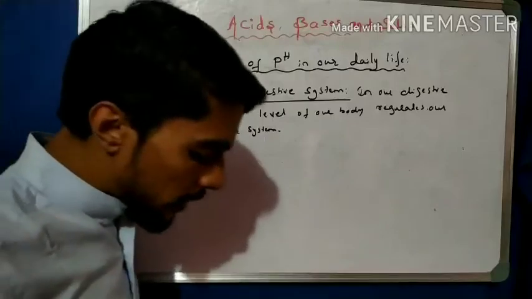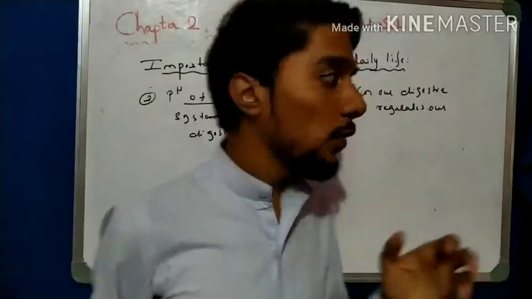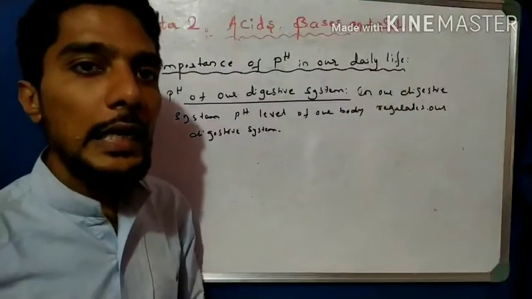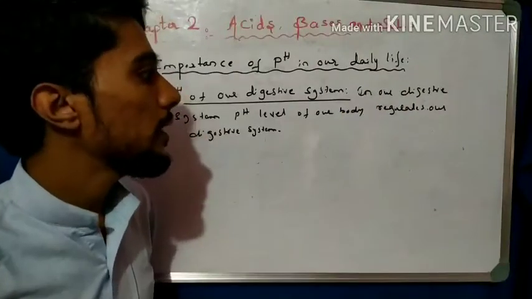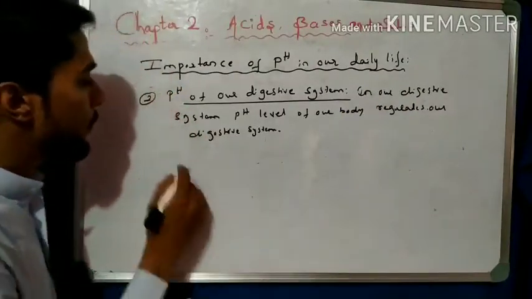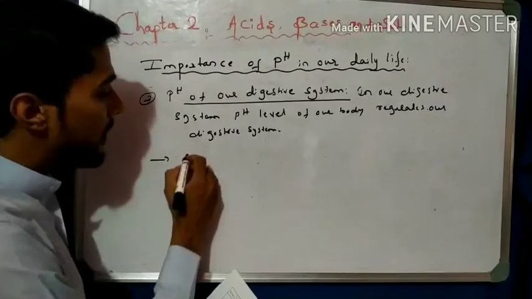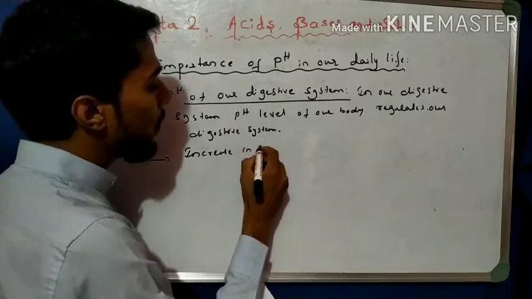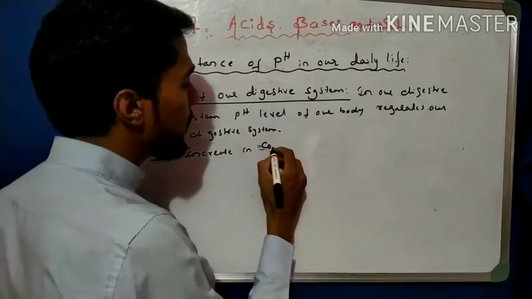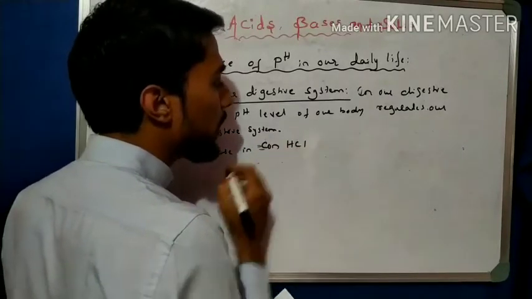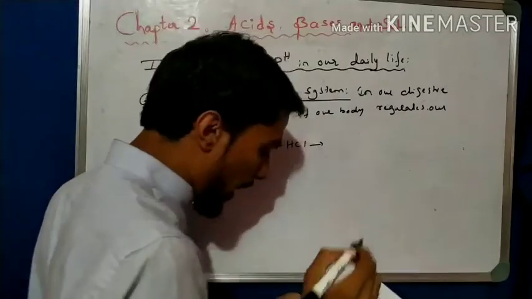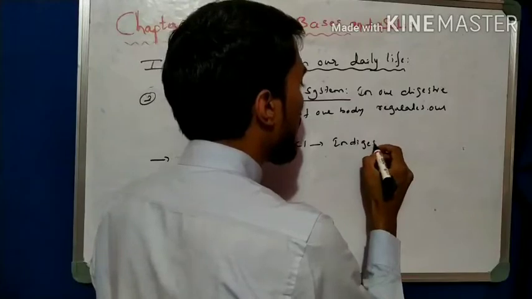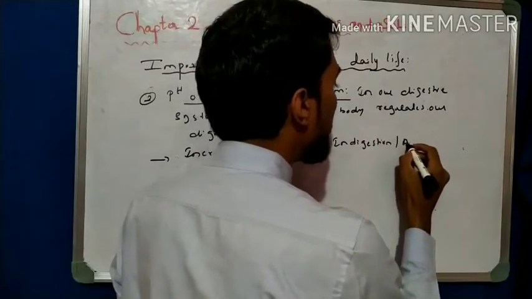Regulate our digestive system. Sometimes this regulation is disturbed and the concentration of hydrochloric acid increases. That case, an increase in the concentration of HCl in the stomach, is called indigestion, or acidity.